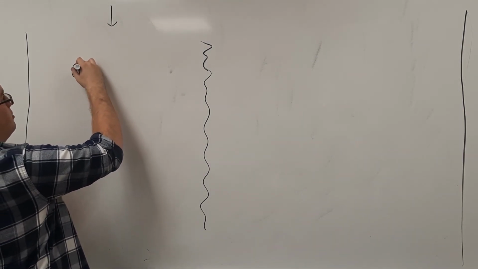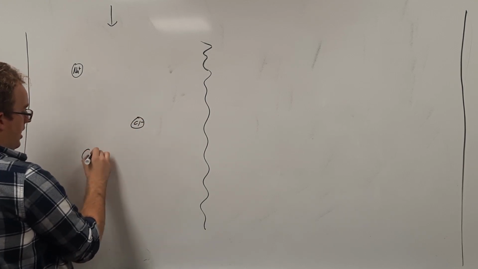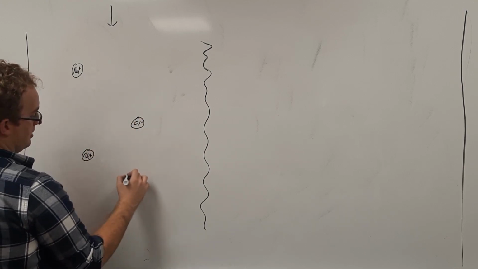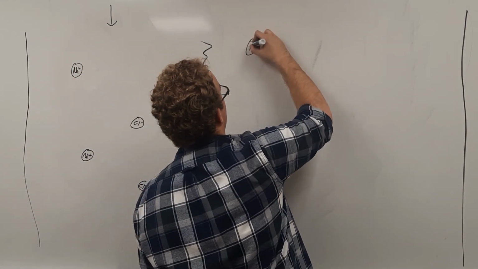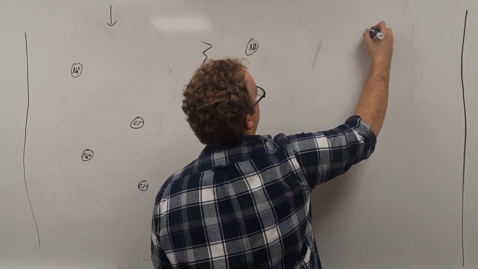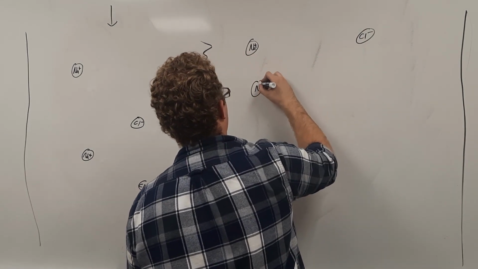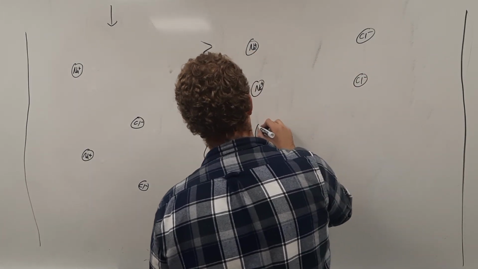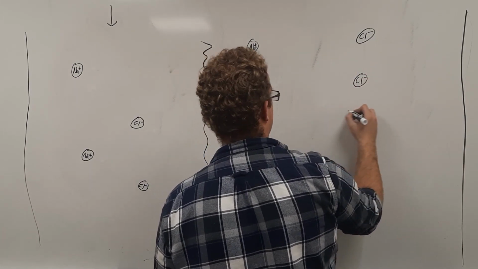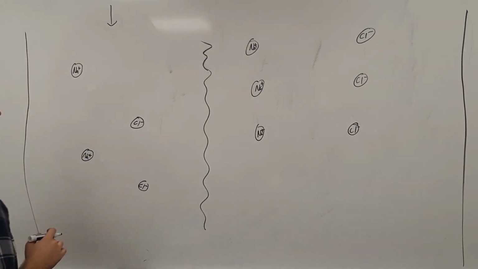So we have Na plus over here, and Cl minus, and Na plus, and Cl minus. Now let's say we have Na plus, Cl minus, Na plus, Cl minus, Na plus, Cl minus over here. Now let's put some water in.